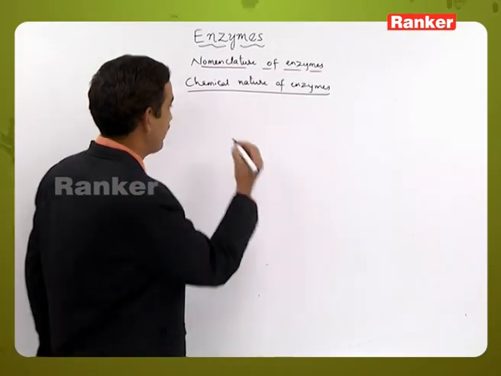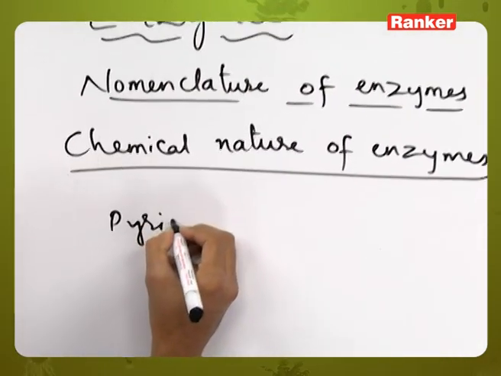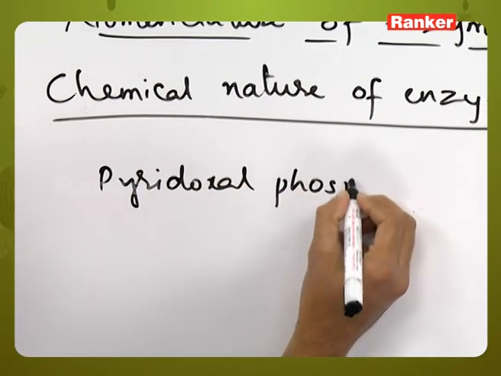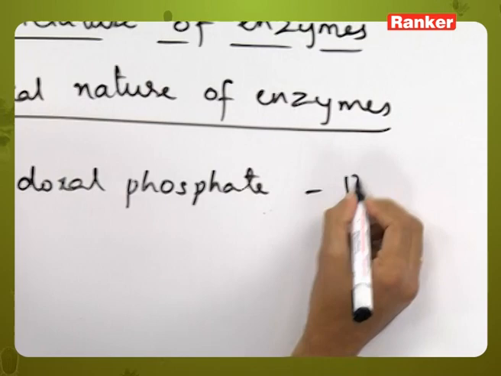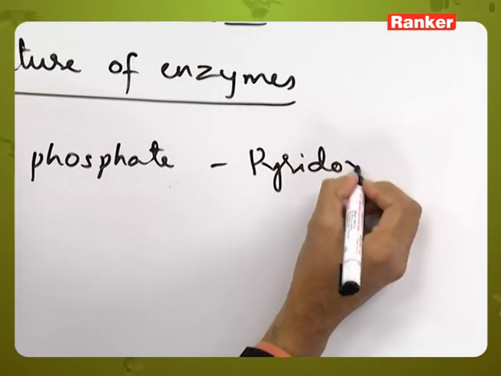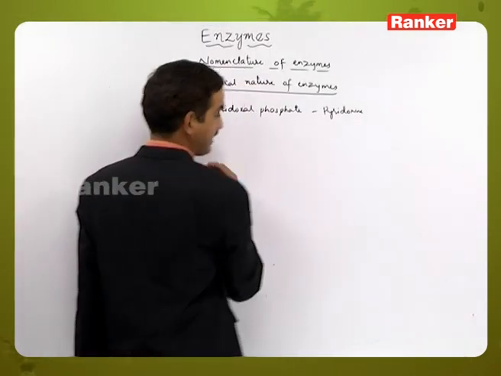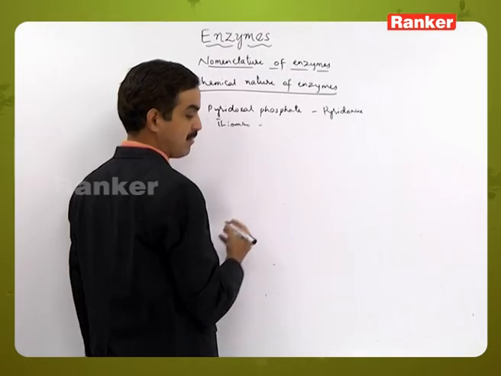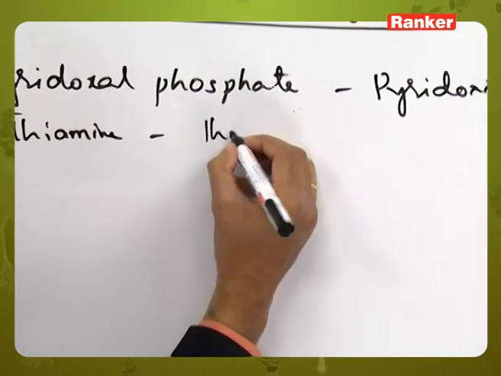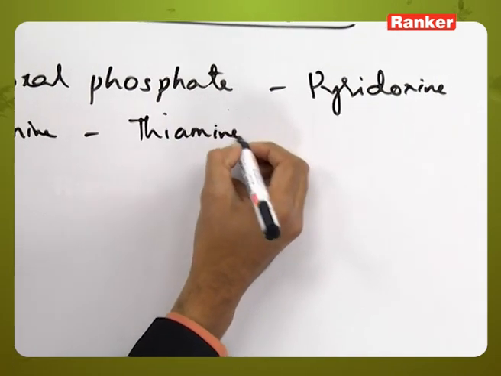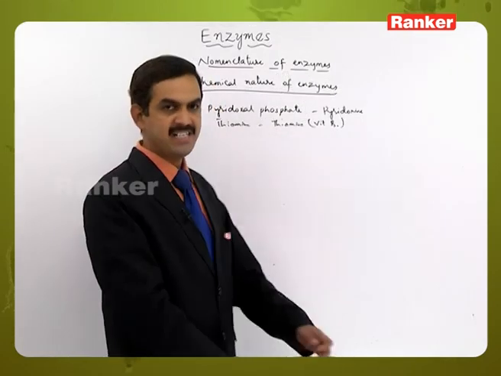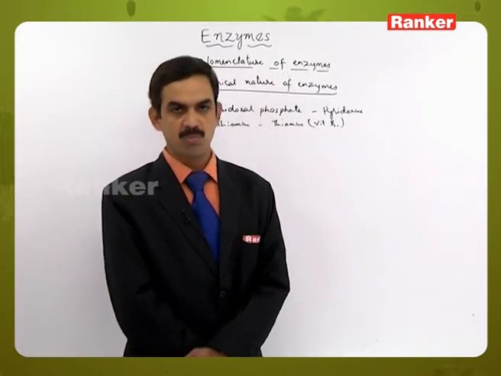Some other examples are pyridoxal phosphate, which is derived from pyridoxine. In the same way, thiamine pyrophosphate is derived from thiamine, that is vitamin B1. Likewise, they are derived from various types of water soluble compounds.